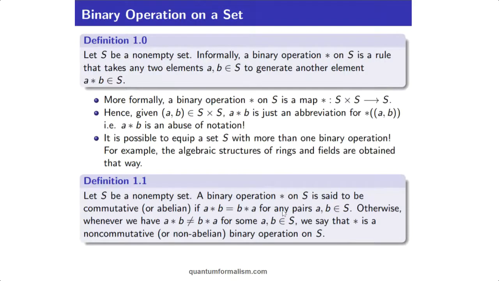So the binary operation is abelian if you have this condition: A star B is the same as B star A for any two elements A, B in the set S. If that's not the case, if for some A, B in the set S we have this, then we say the binary operation is non-commutative or non-abelian. It means the same thing, just like commutative and abelian mean the same thing.